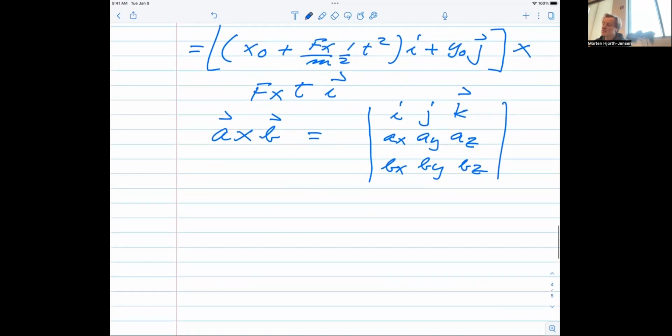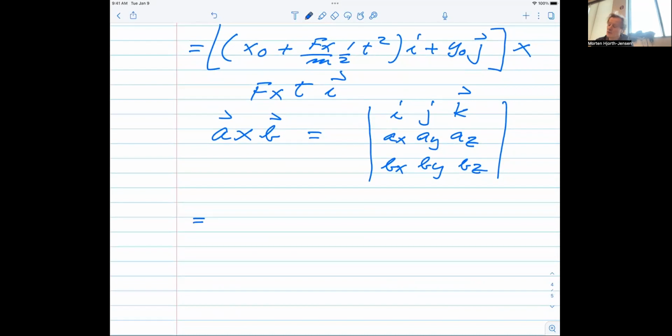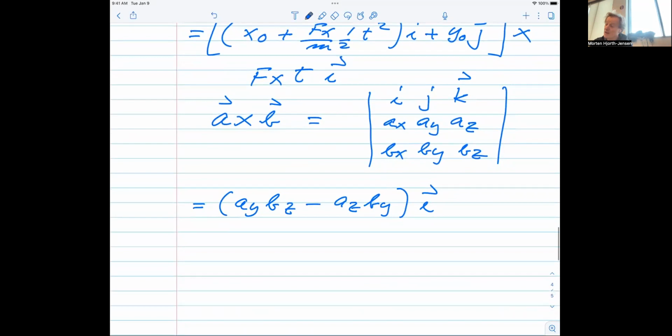And when I write this out, this is going to be equal to ay times bz minus, and then I have az times by multiplied with the unit vector in the x direction. And then I have plus, but now things change sign here.